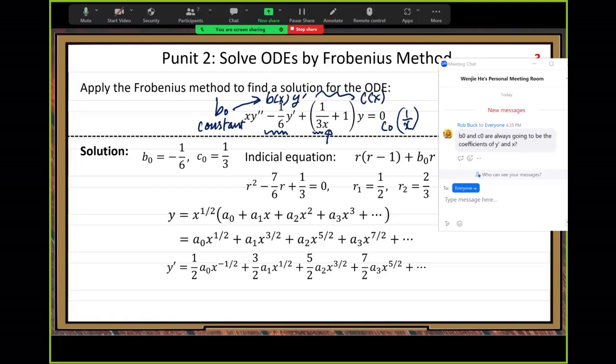So I give you this form. You extract B0, C0, solve the initial equation, get R1, R2, then pick R1, then you take the first derivative, second derivative.